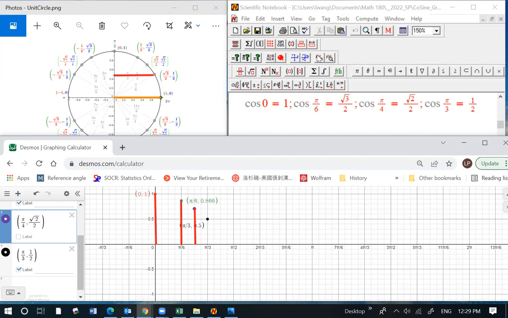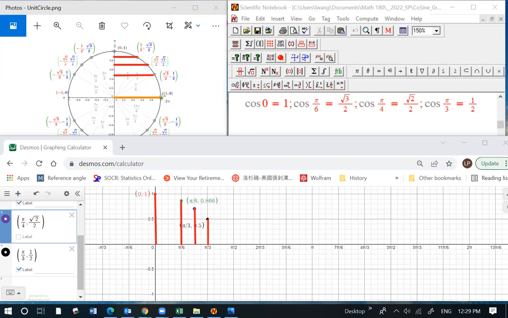And we will have another red bar over here, one for root 2 over 2. That's root 2 over 2, and that's a half. You can see these red bars are in place. But these red bars are the output. So what is the input? The input, of course, is the arc length.